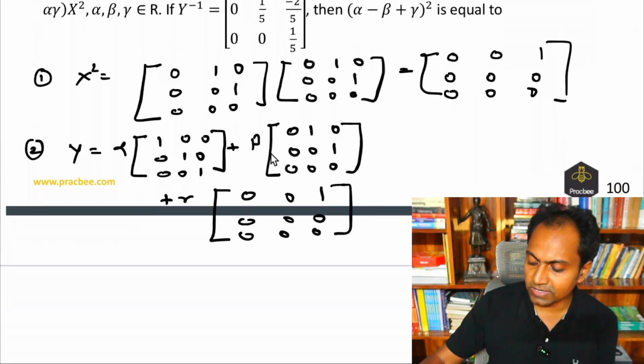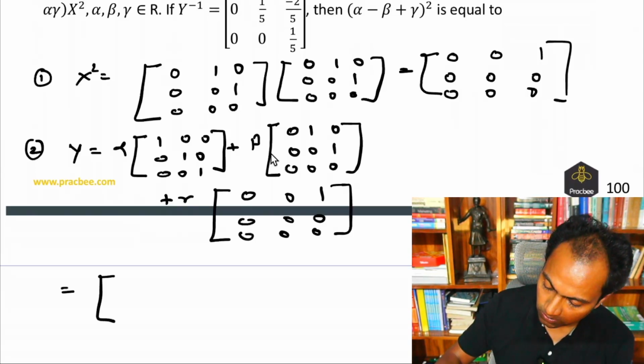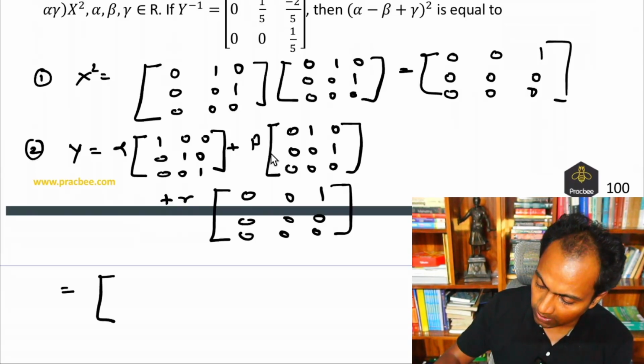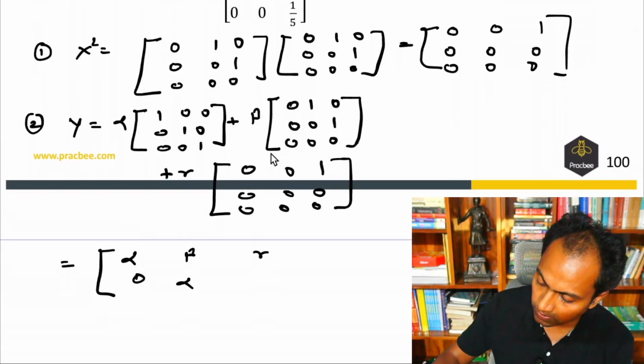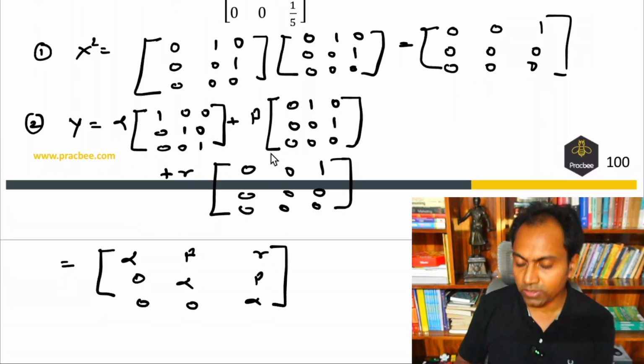So if I sum this up, let us see what I get. What I am going to get is alpha, and then the next element is going to become beta, and the last element is going to become gamma. 0, then again alpha, and then again beta, then 0, 0 and the last element also will become alpha. So we have got the value of y.